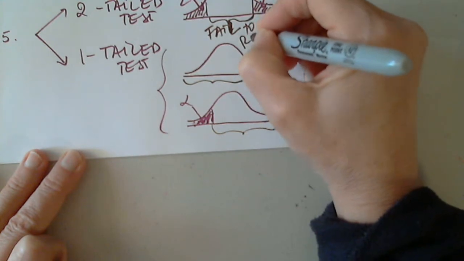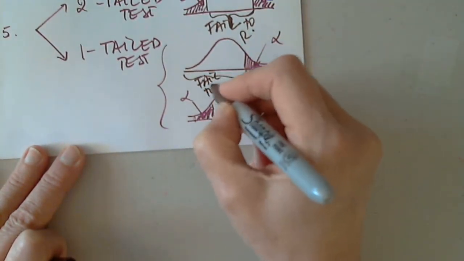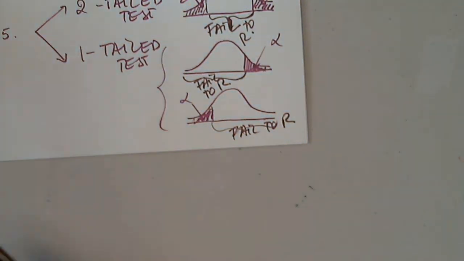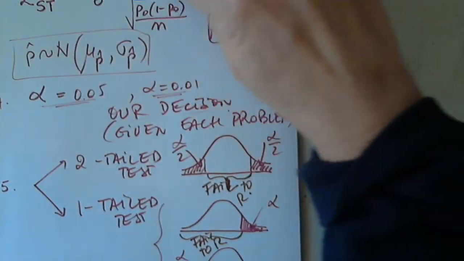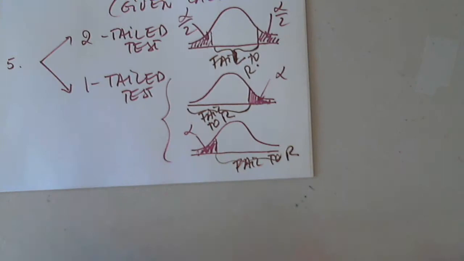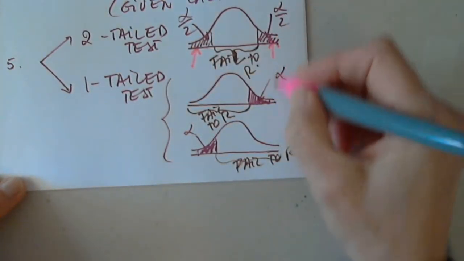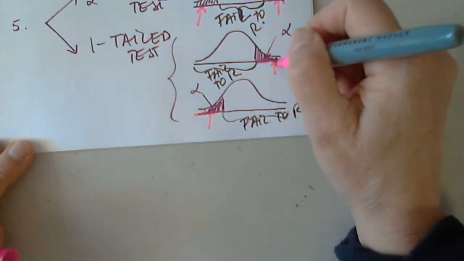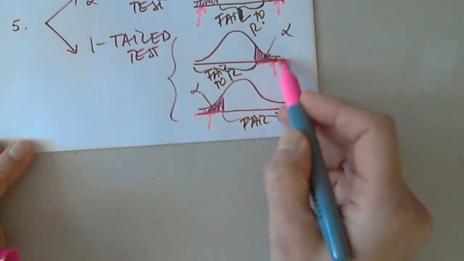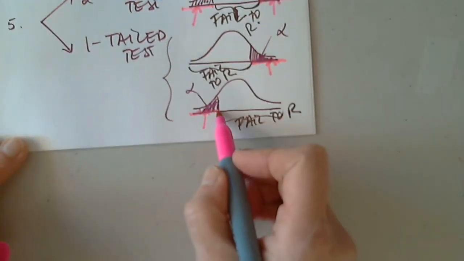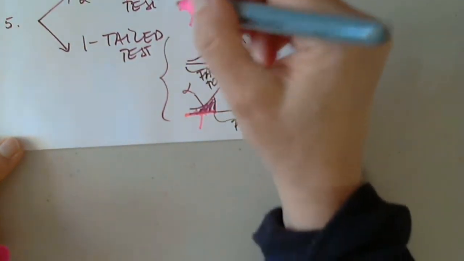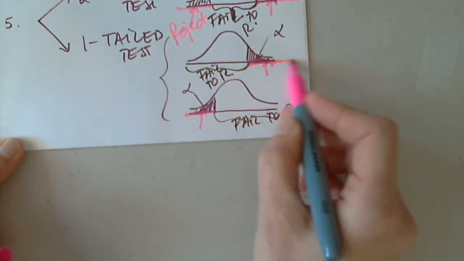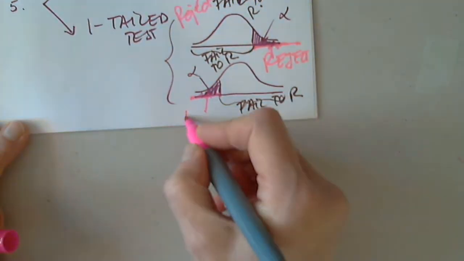However, if that number, which is calculated from the sample, falls in this territory, or in this territory, somewhere out here, I will reject H naught. This is the rejection area.